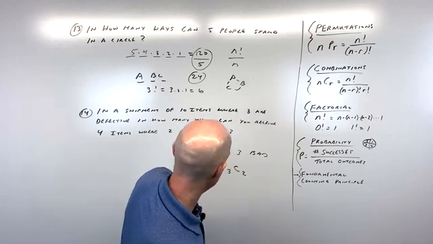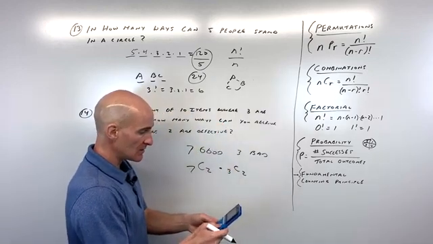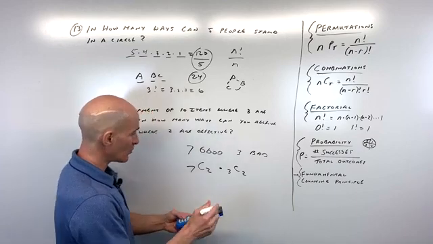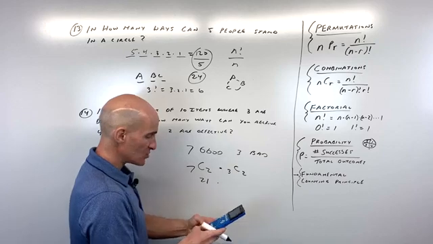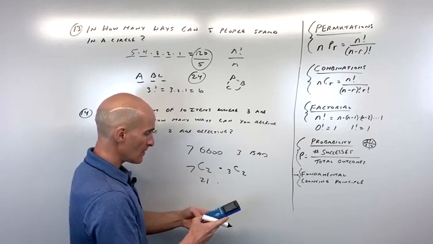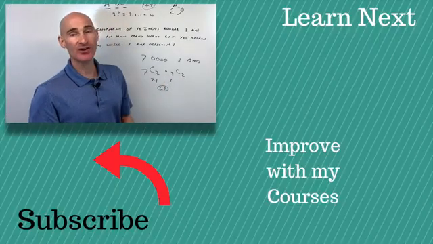So let's go ahead and multiply those together. We have 7 choose 2, which is 21, and 3 choose 2, which is 3. So that means there would be 63 different ways that that could occur.